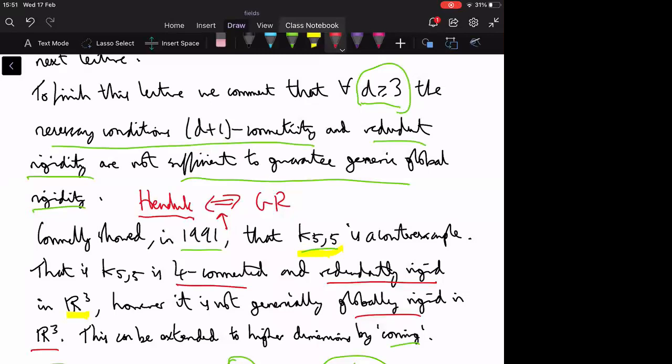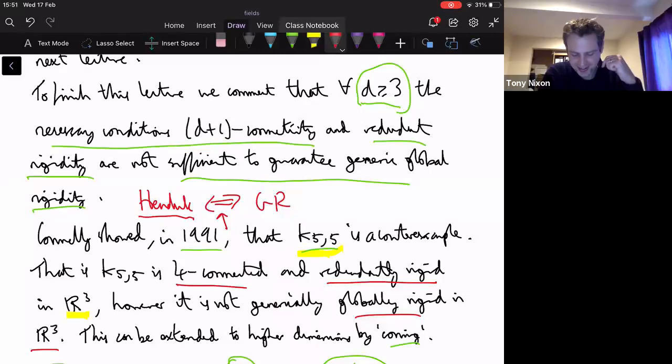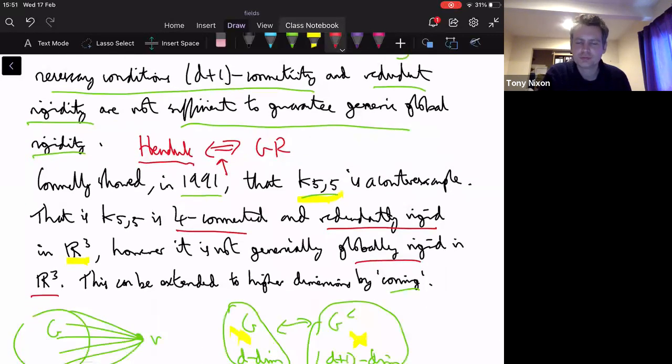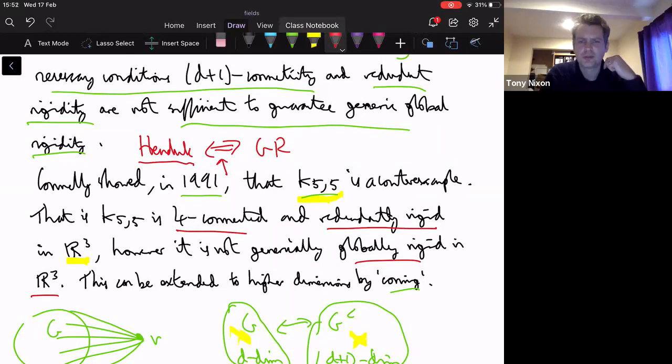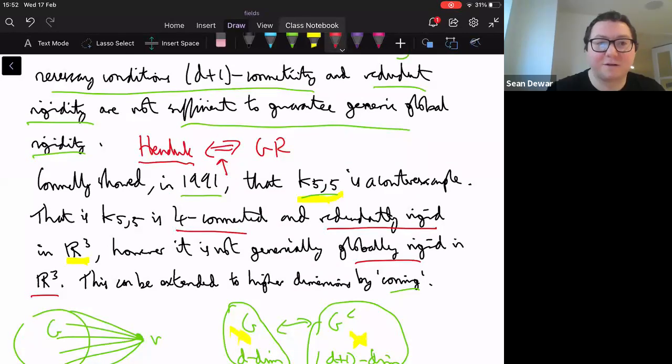Is it obvious why K55 is a counterexample to Hendrickson? No, I don't think it is. It's a whole construction, as far as I remember. It's very non-trivial. Well, for me, it was non-trivial. Yeah, that's roughly what I tried to say as well. I was wondering if someone else had the intuition. The proof is quite nice, if I remember correctly, but it's been a while since I read it. But yeah, it's a non-trivial result.